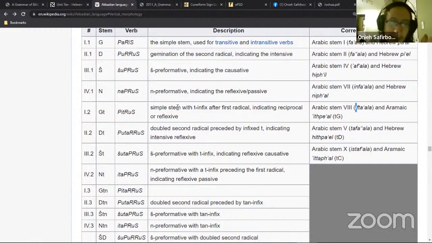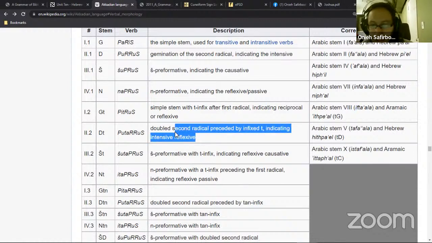But Akkadian has it just as the second, after the first letter. See, intensive reflexive.